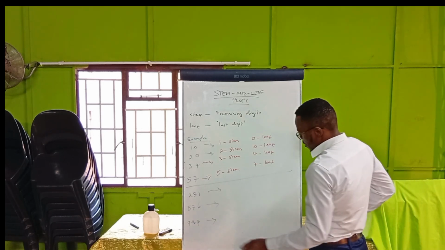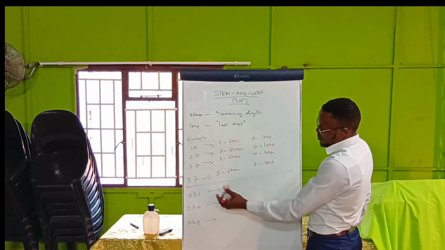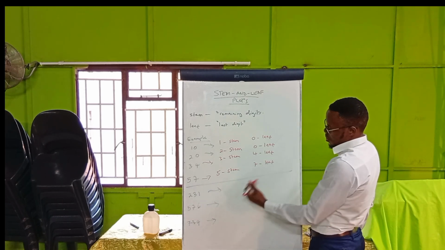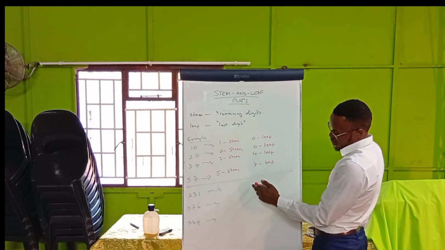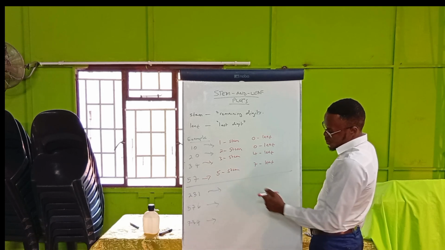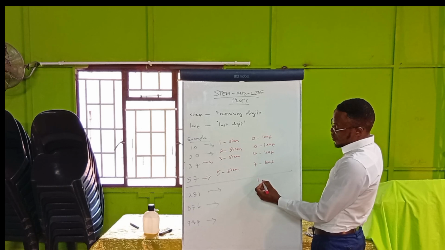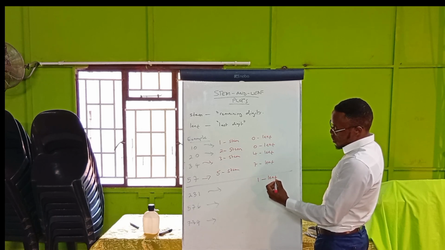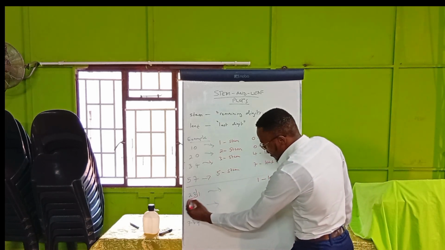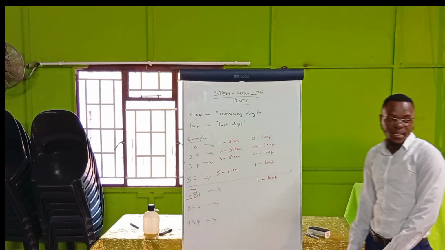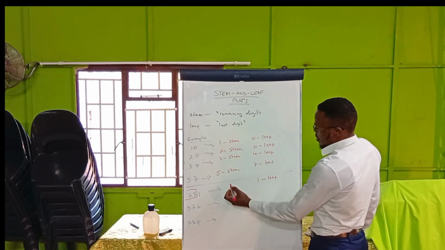Let me start with the stem, because I already know the last digit. In 231, the last digit is 1, which means the leaf is 1. Therefore the remaining digits, 23, will be the stem.